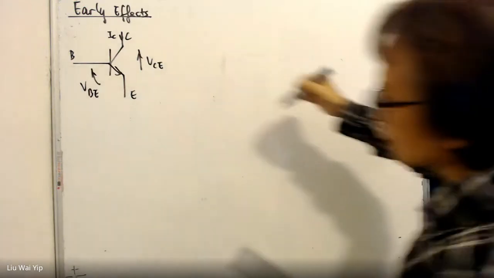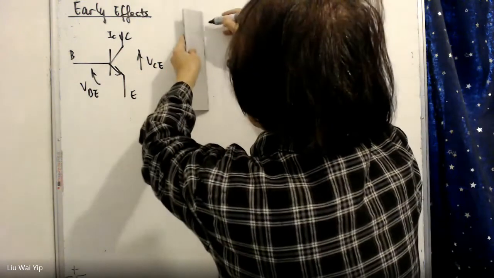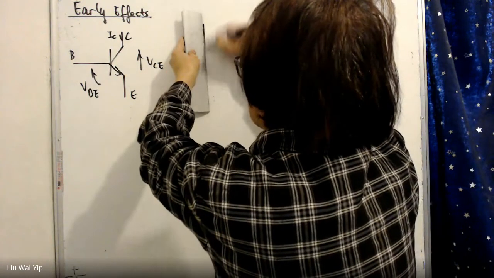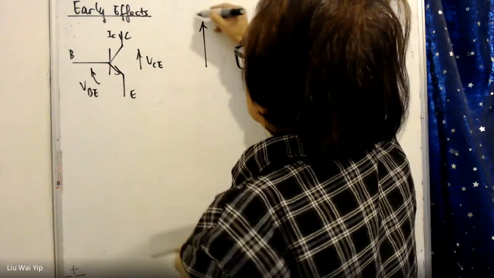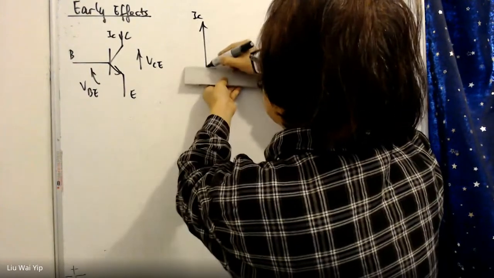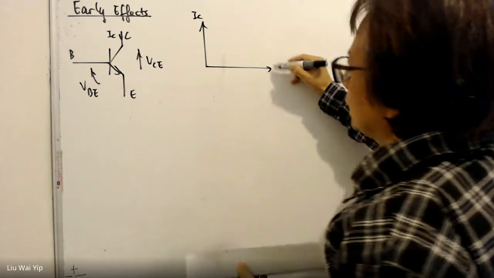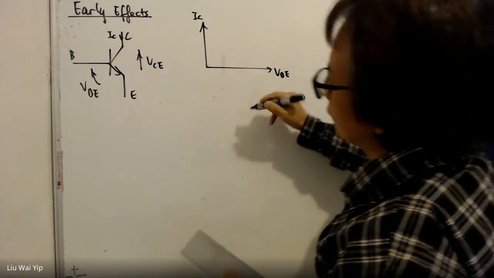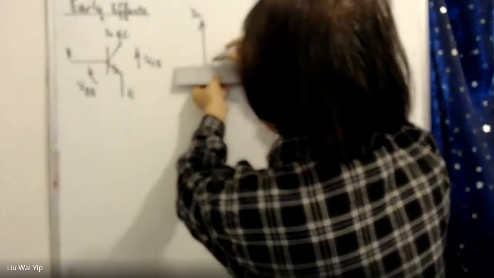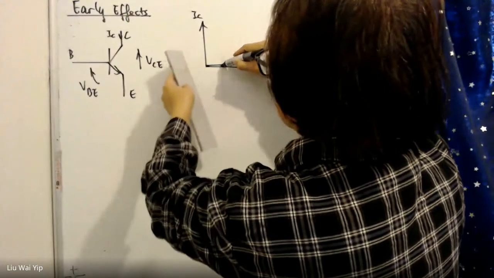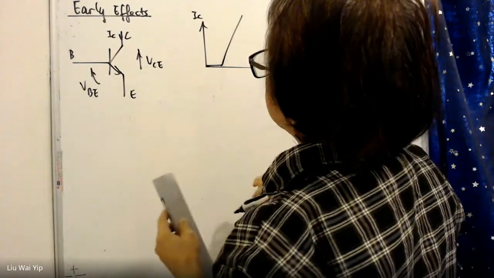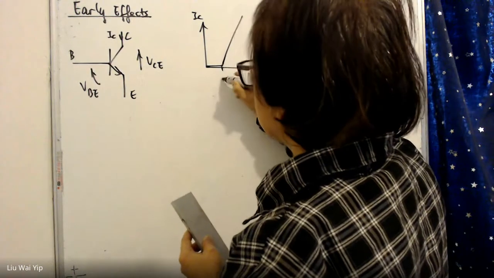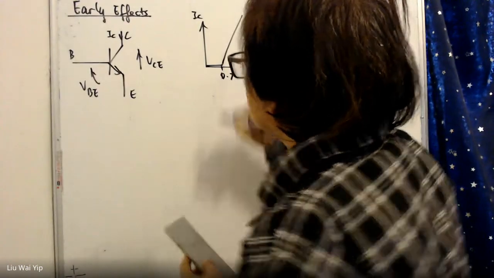And if we plot the characteristic IC and VBE, we will end up with a characteristic somewhat like a diode. And the voltage here will be 0.7 volts.